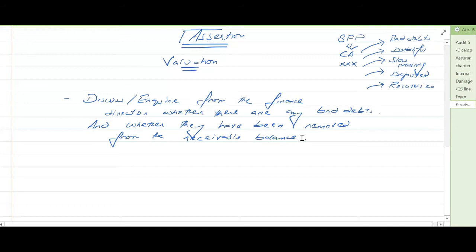So the first thing is that you need to ask them, inquire from the finance director whether there are any bad debts. If they say yes, there were some bad debts during the year, and then you're going to ask them whether they have been removed, and they're going to say yes. Then also you can check whether those bad debts have been removed.